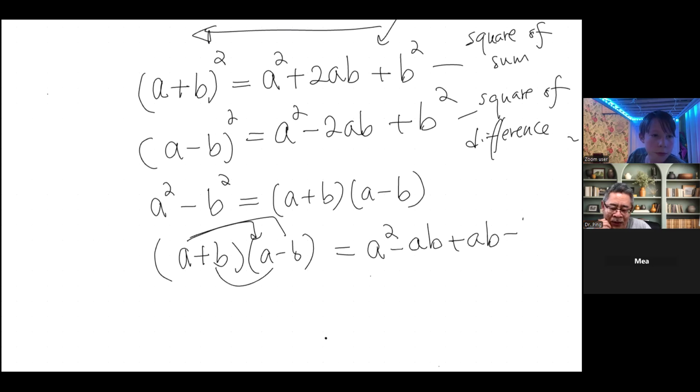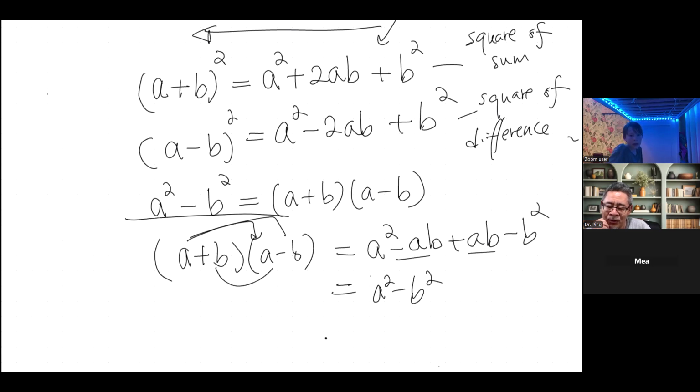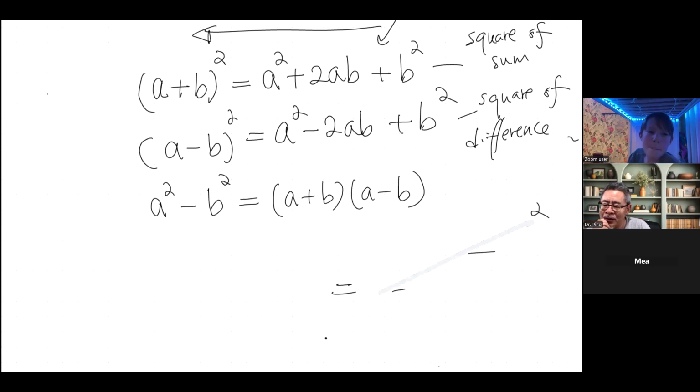Okay, but negative ab and ab cancel, we got a squared minus b squared. So therefore we have that. And this is actually quite useful when we're solving math problems. Okay, are we good on this one?